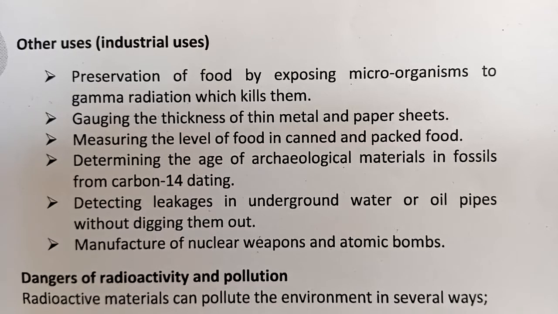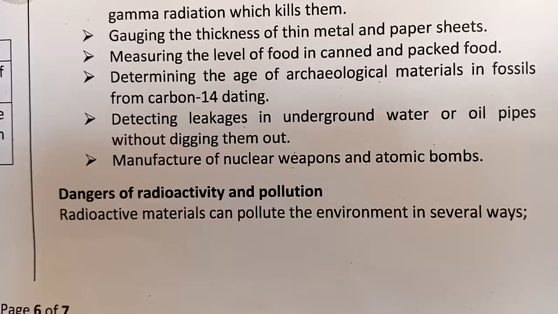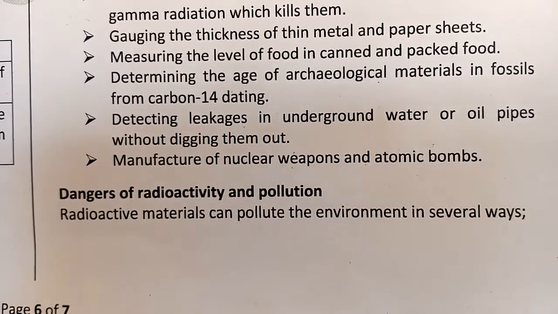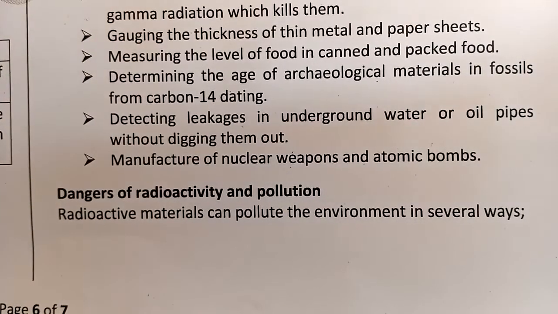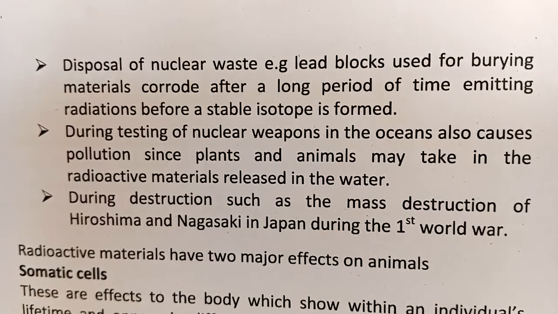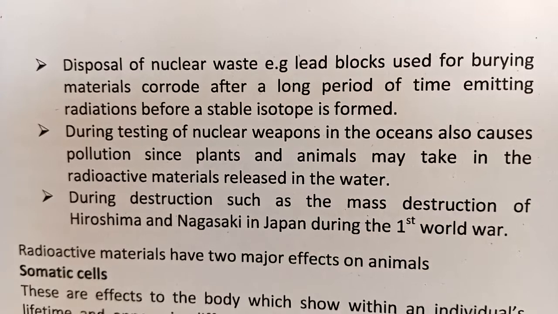Finally, let's look at the dangers of radioactivity and pollution. Radioactive materials can pollute the environment in a number of ways. So let's see these ways. One way in which radioactive materials can pose danger and pollution is during the disposal of nuclear waste.